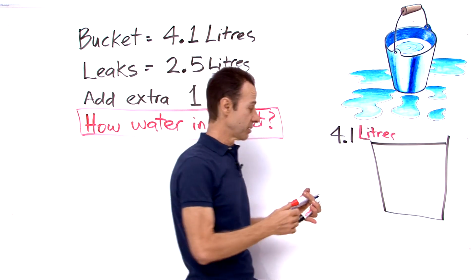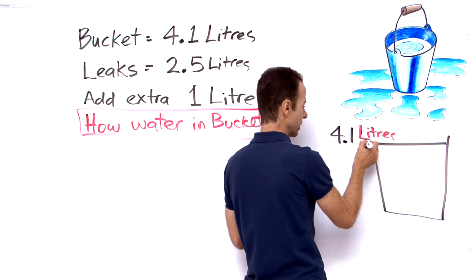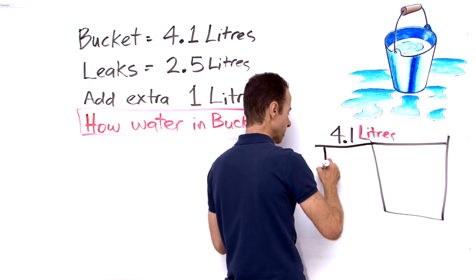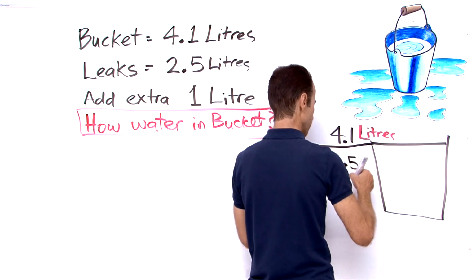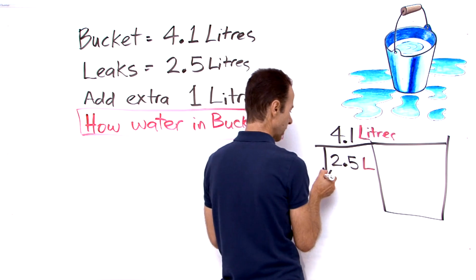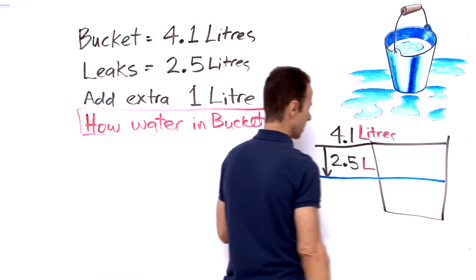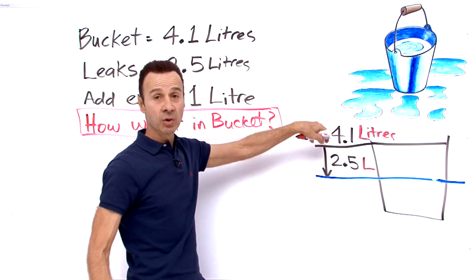Then it leaks. So it goes from 4.1 litres and it leaks and goes down 2.5 litres. So now we're left here, right there. 4.1 loses 2.5.